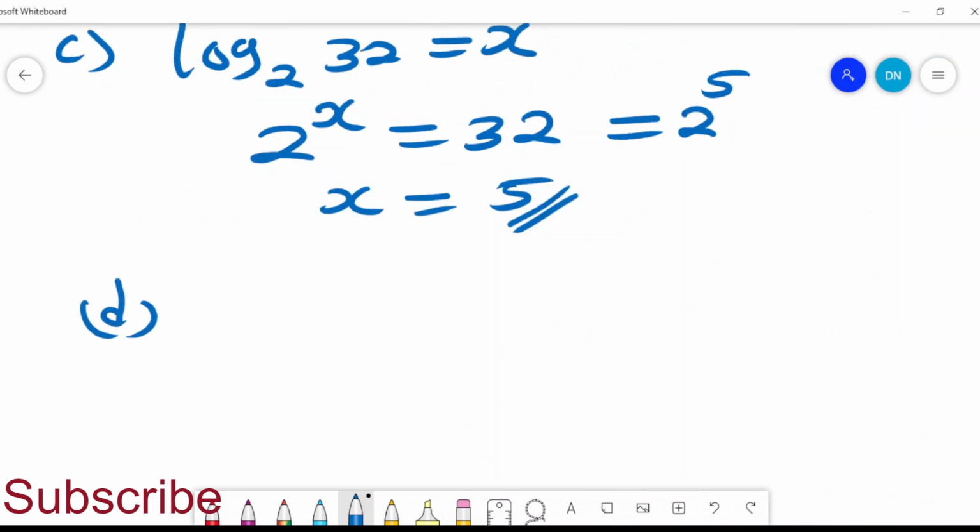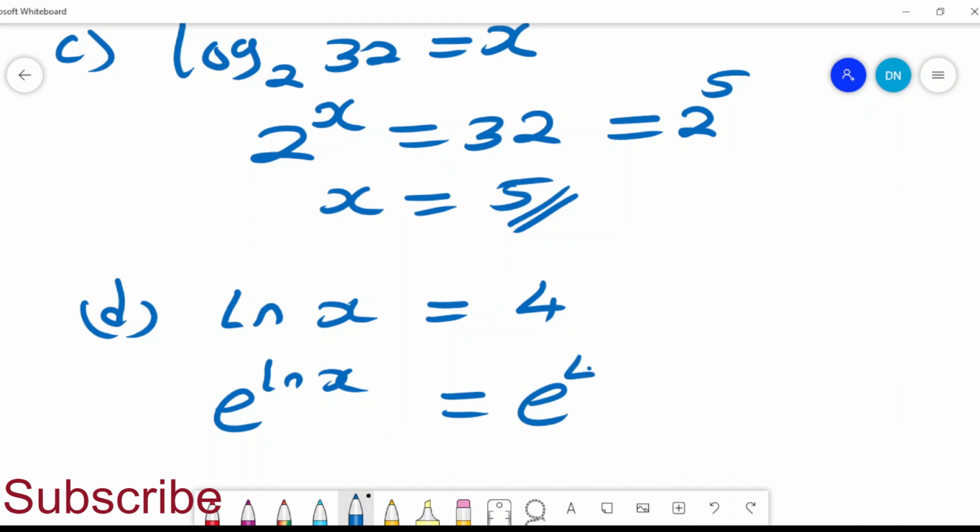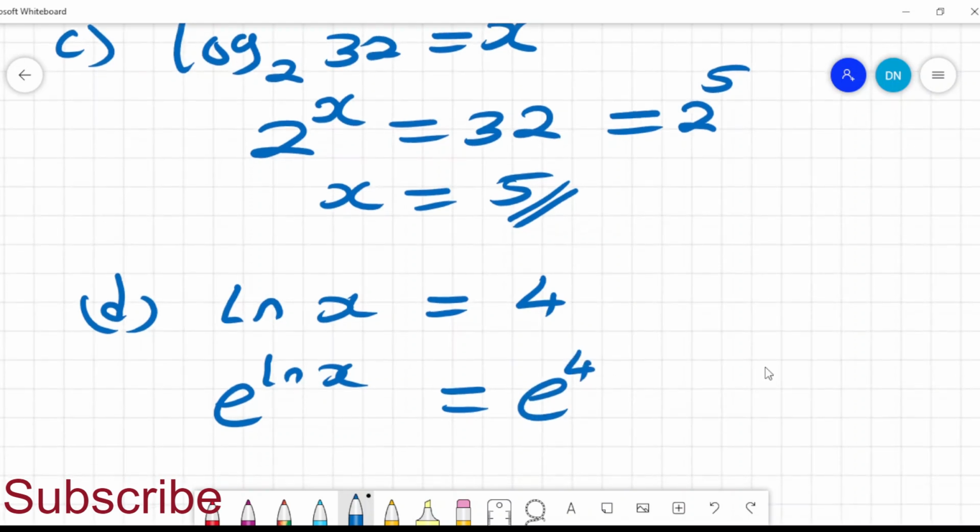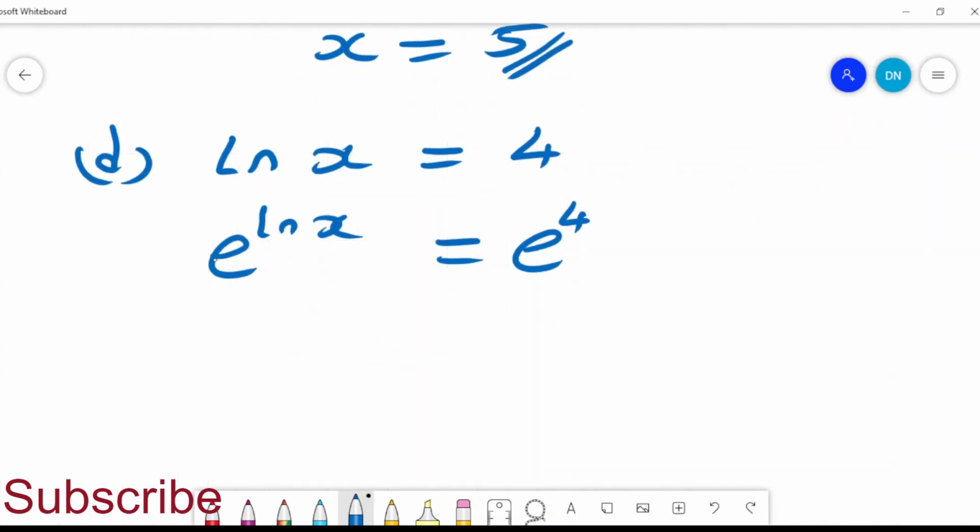I can also have an equation of the form ln of x is equal to 4. Because I don't know what is the natural logarithm of x, I introduce the exponential, because the exponential and the ln cancel each other out. E raised to power ln x is x, and x is equal to e raised to power 4.